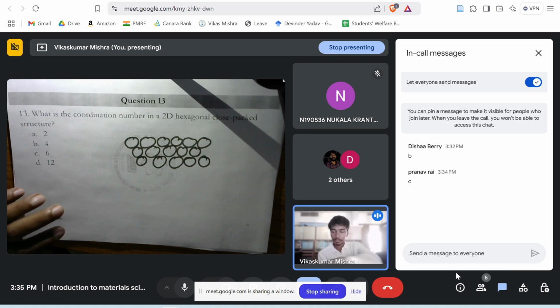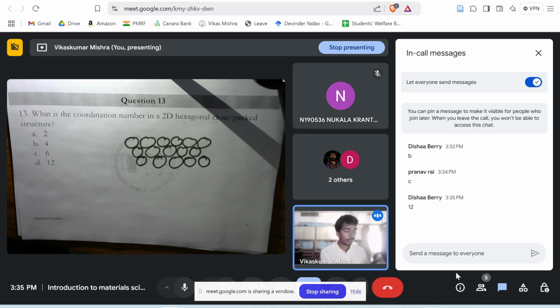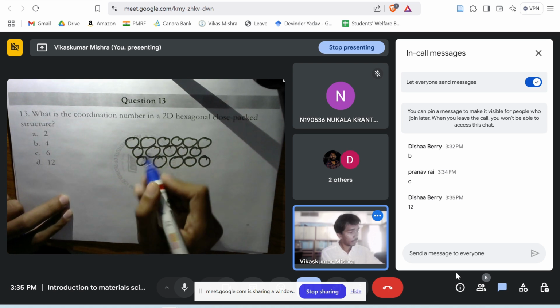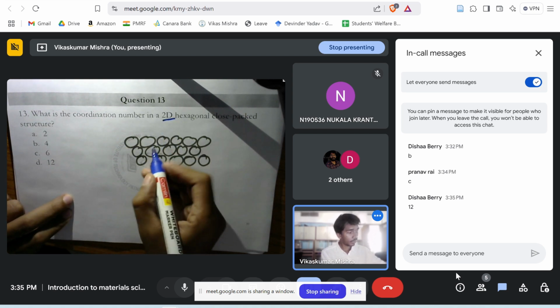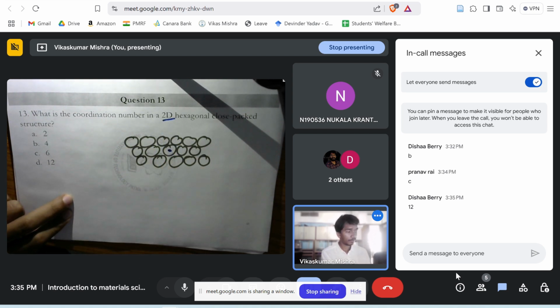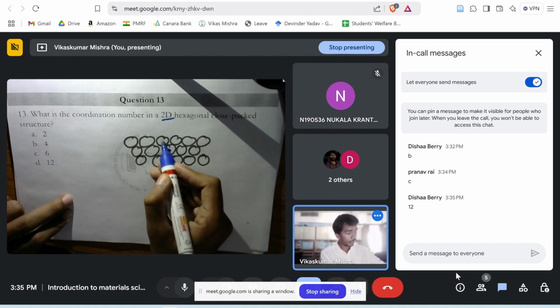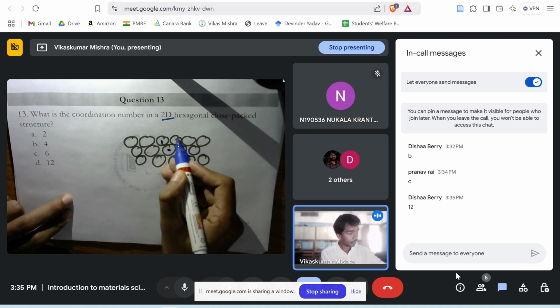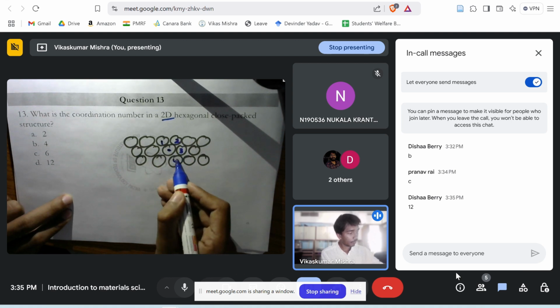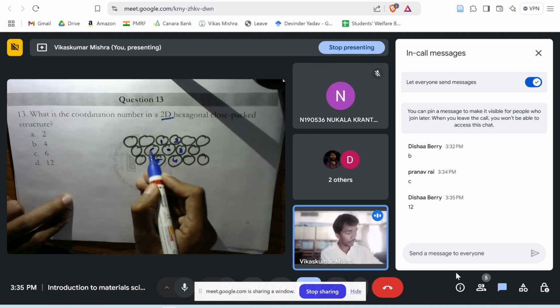So let us say I'm having this particular pattern. It's 12, this is telling. So again it's two dimensions. Let's take one of the atoms. This one is surrounded by this atom, 2, 3, 4, 5, and this 6.